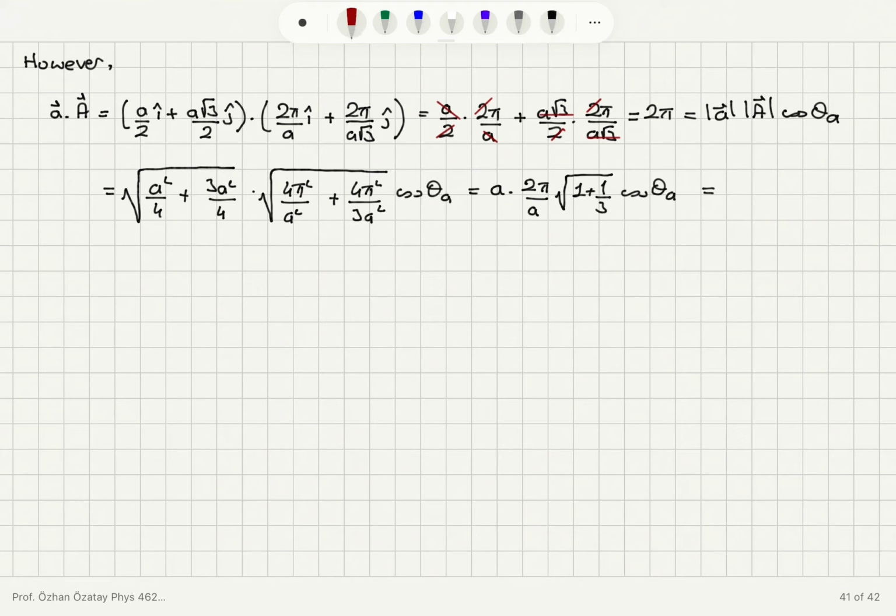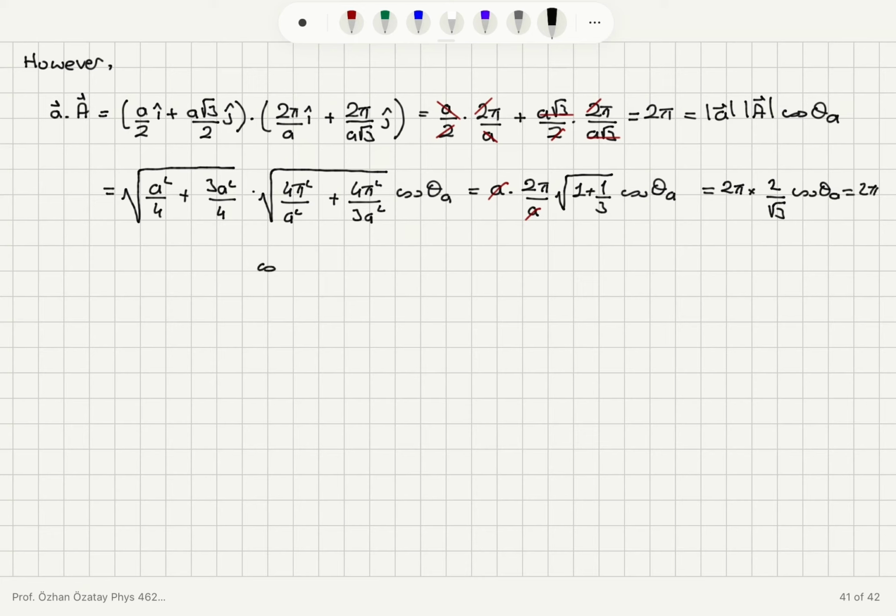So I find that these A's will cancel again. This will be 2 pi times square root of 4 over 3, which is 2 over square root 3, cosine theta A, that is equal to 2 pi.